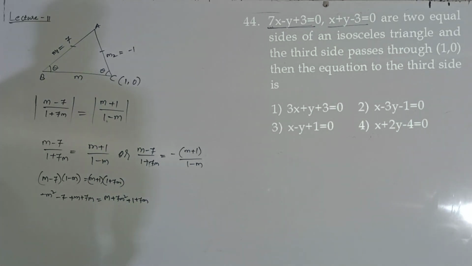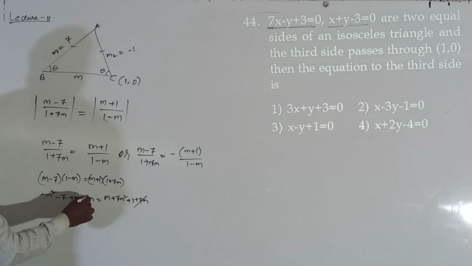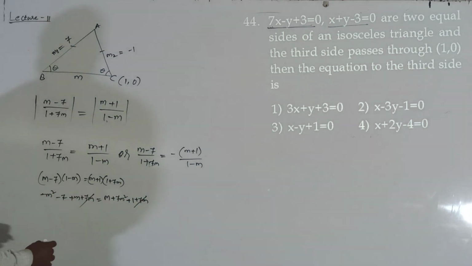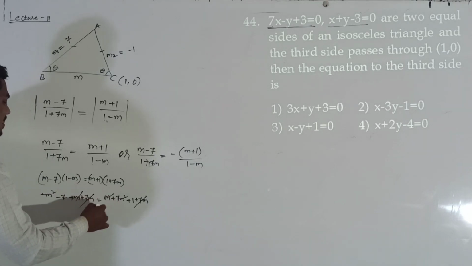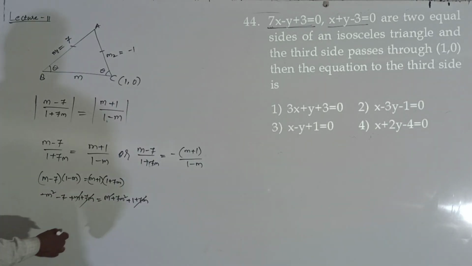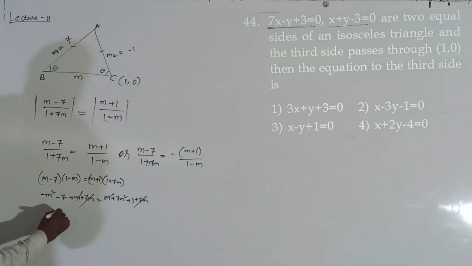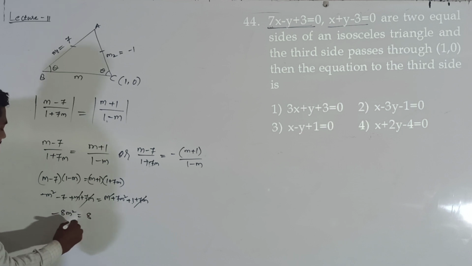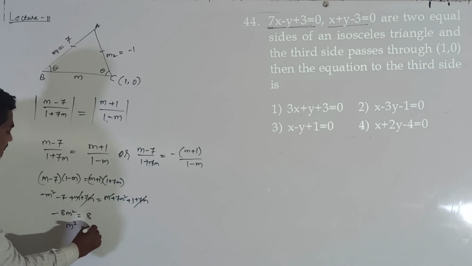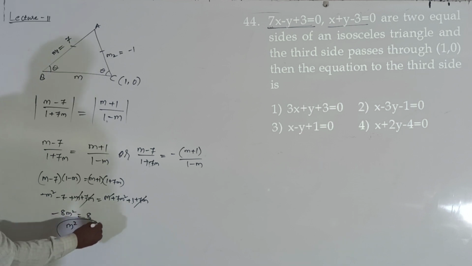Just simplification, on both sides 7m will get cancelled, and m also gets cancelled. Then plus 1 is there, send it to RHS. Then minus 8m square is equal to plus 8. Then m square equal to minus 1, which is not possible.